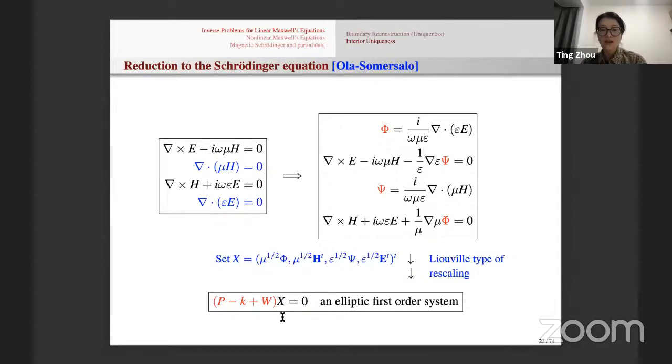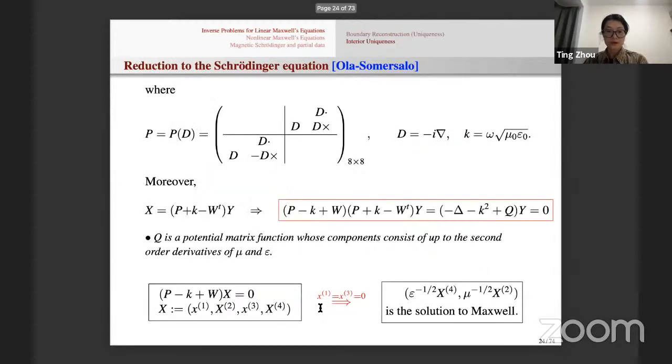So not every solution for this first order elliptic system gives you the solution for Maxwell's equations. Only those with 0 first component and 0 third component give you the solution for Maxwell's equations. That's the only thing you need to check every time you are looking for solutions for Maxwell's equations using this type of reduction.